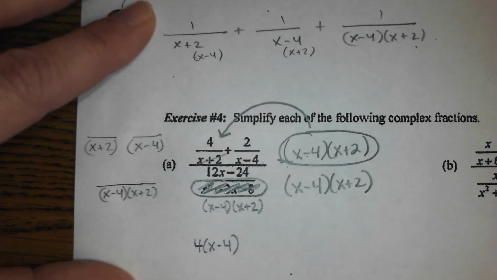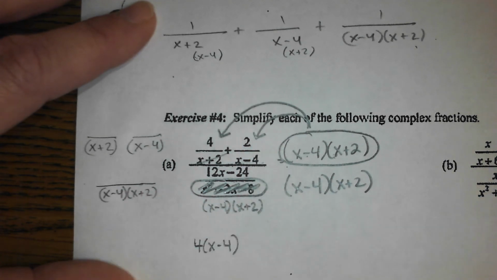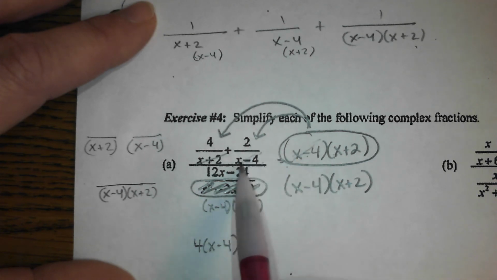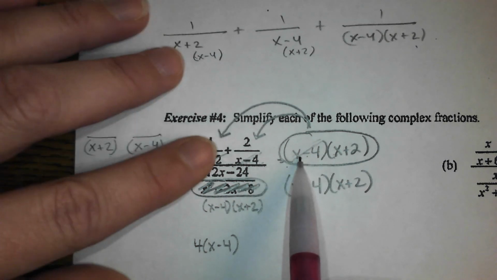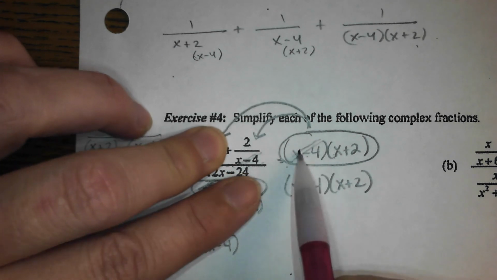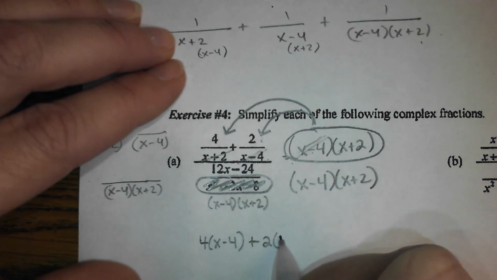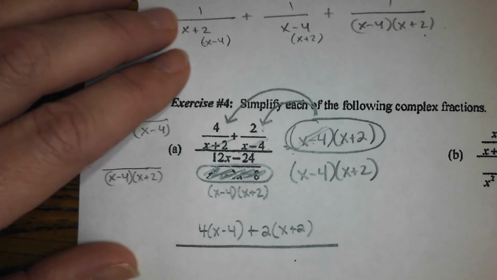When I distribute that same thing to the second fraction, the x minus 4 denominator will cancel with this x minus 4, leaving what, Jason? The x minus 4 is canceled, and so I'm left with a 2. Complexity is gone in the numerator anyway.